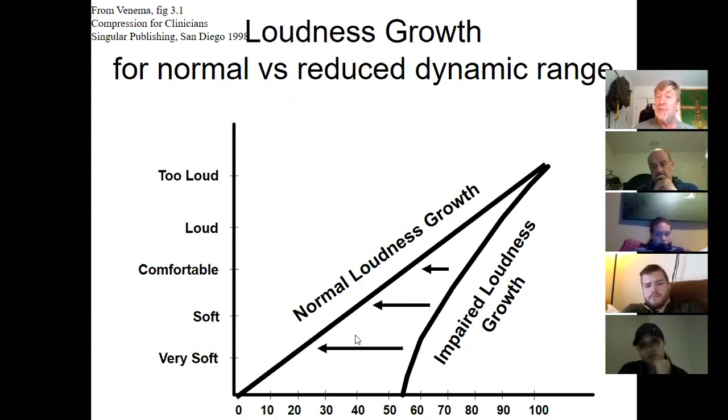Look at the arrows. And they amplify average sounds by less. And they amplify loud sounds by little or nothing at all. That's why hearing aids cost so much. They amplify different inputs by different amounts. Input plus gain is output.